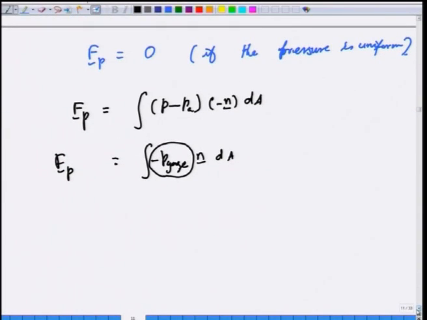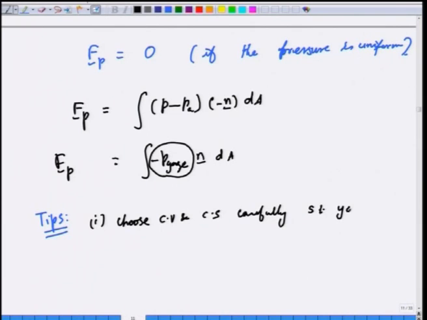So, let me just recap. Before I recap momentum balance, some tips in applying the momentum balance. Firstly, you choose the CV and CS carefully, such that you can evaluate all the terms in the volume and surface integral easily.